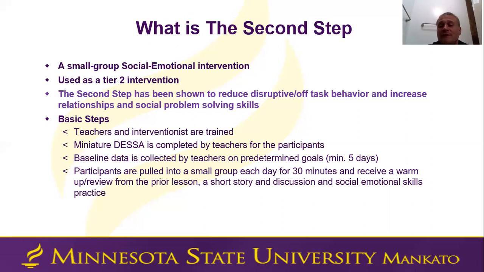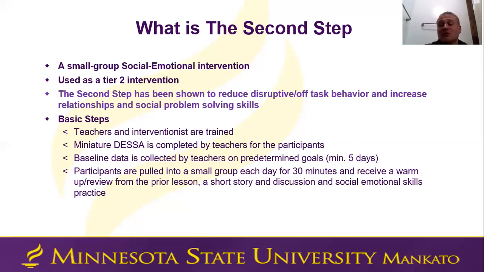After the review, the interventionist introduces and reads a 10-minute short story, or there's a short film. During the curriculum, there's one or the other, and this short story or short film consists of a social situation that occurs. And there are main sections that the Second Step's short stories and discussions focus on, which are empathy, emotional management, friendship skills, and problem-solving skills.